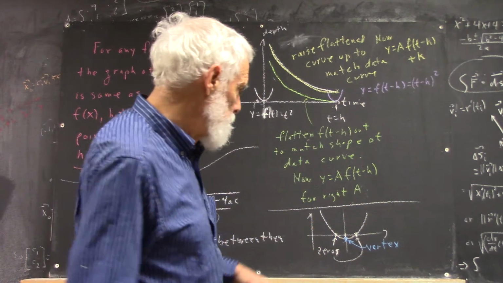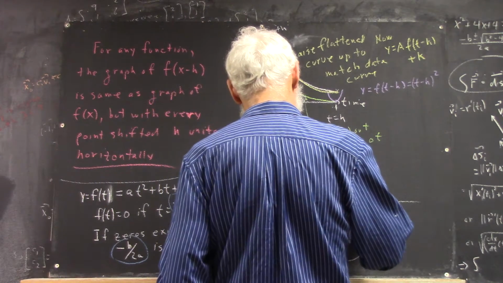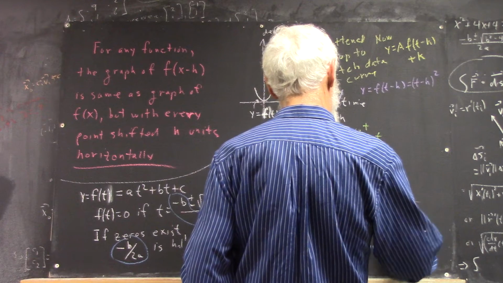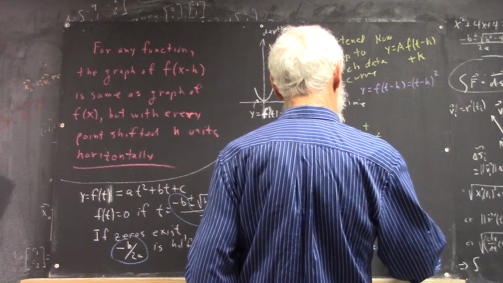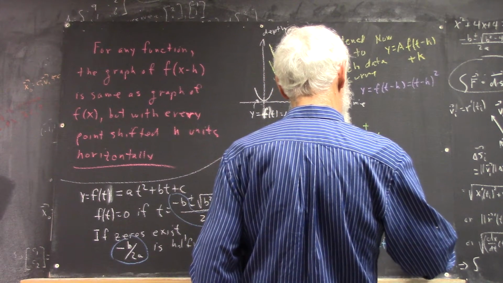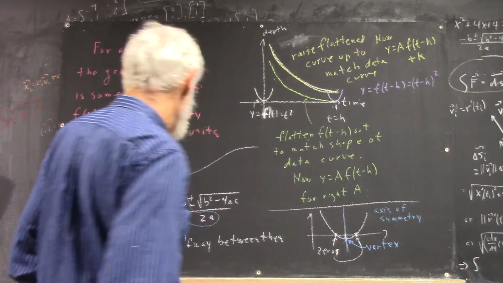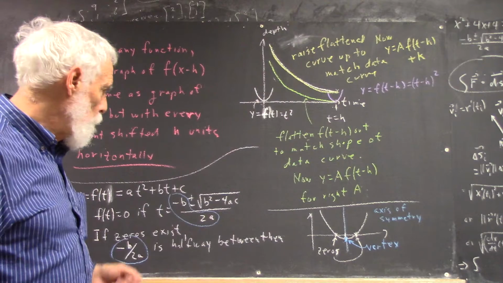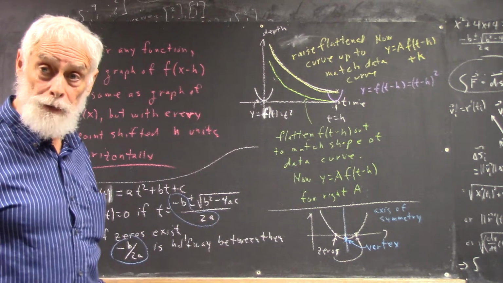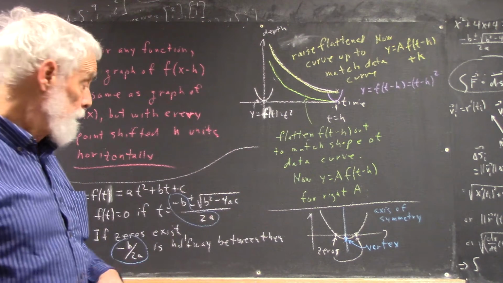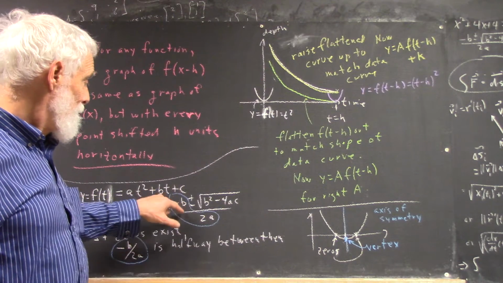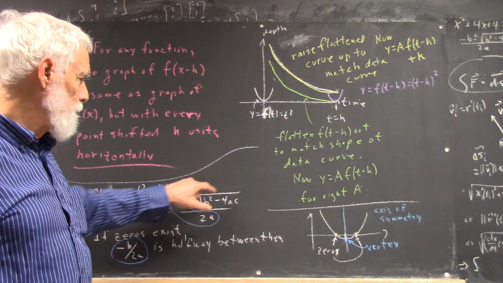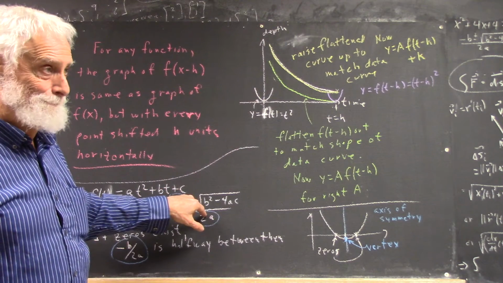Okay, there's a vertex. Now, hopefully you understand a little bit about why that has to be the axis of symmetry, because the parabola is symmetric, and because negative b is halfway between negative b plus this and negative b minus this.